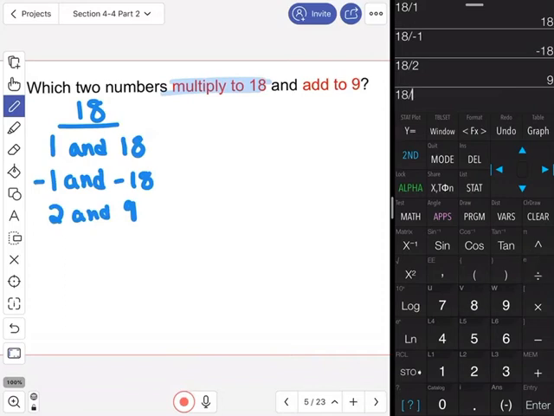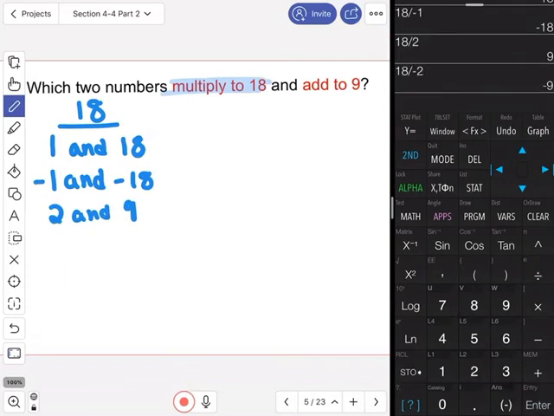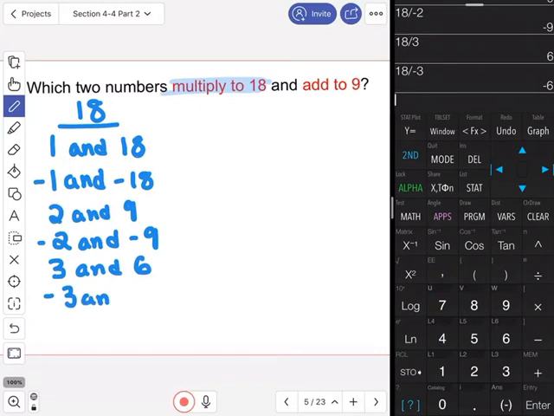Check the negative version. So 18 divided by negative 2 gives me negative 9. Then the next number would be 3, which gives 6. So I have 3 and 6. Now I check the negative version. It gives me negative 6. So negative 3 and negative 6.